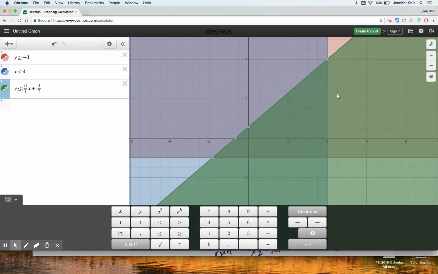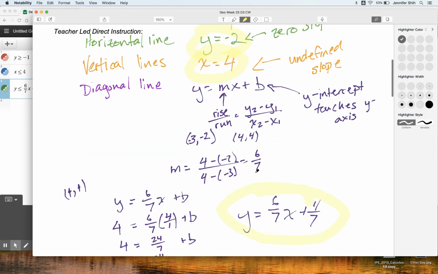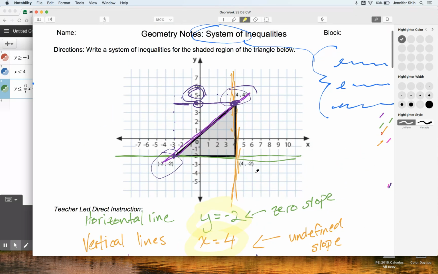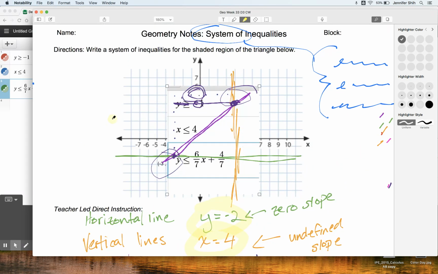Ta-da. The last thing you have to do to write a system of inequalities is literally copy this down. So all you have to do is copy it down.